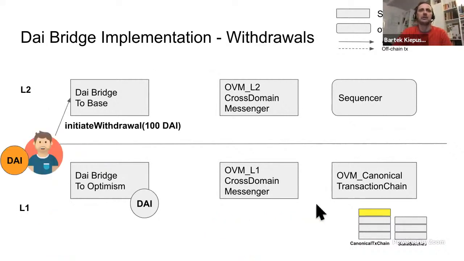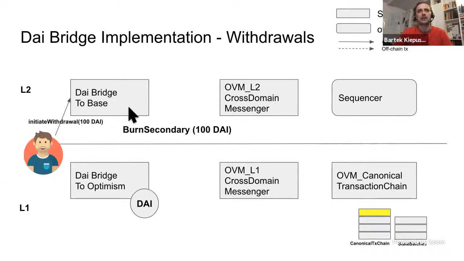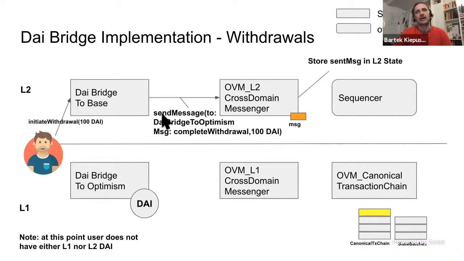So let's have a look at how it works the other way. It's a little bit more complicated. We initiate withdrawal on the L2 bridge. It burns the tokens on L2 and sends the message the other way, right? To send the message the other way, the L2 cross-domain messenger simply has to put this information into its state tree. That's the state on L2. And that's it.